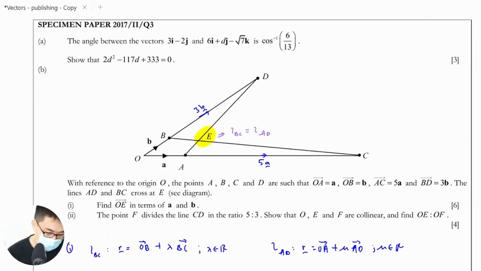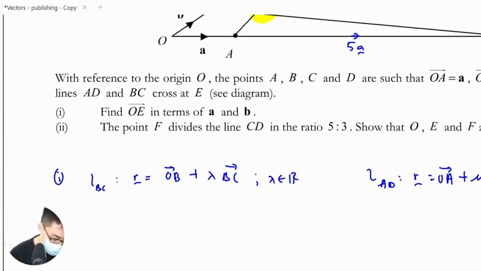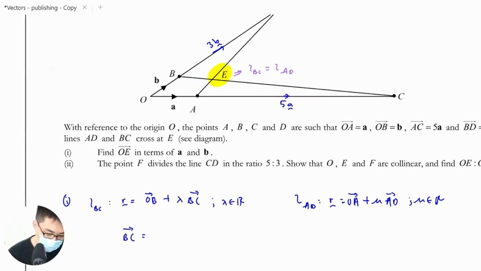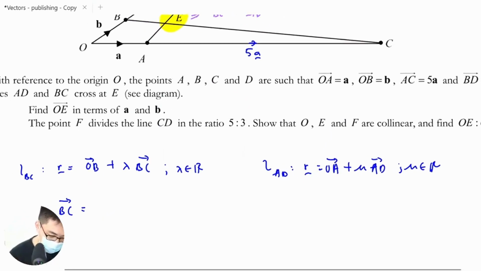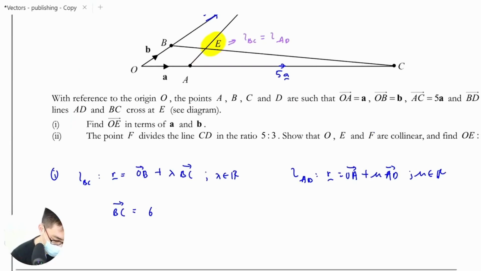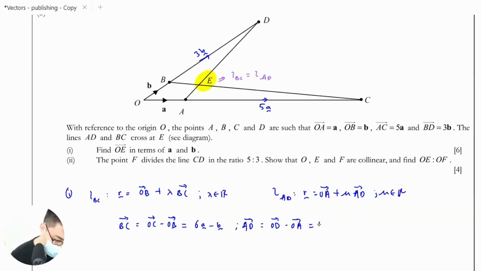BC would be OC minus OB. AD is actually OD, OD is 4B. Okay, good job.